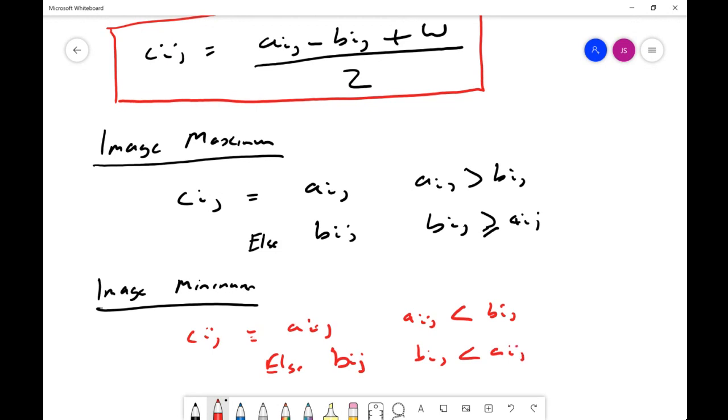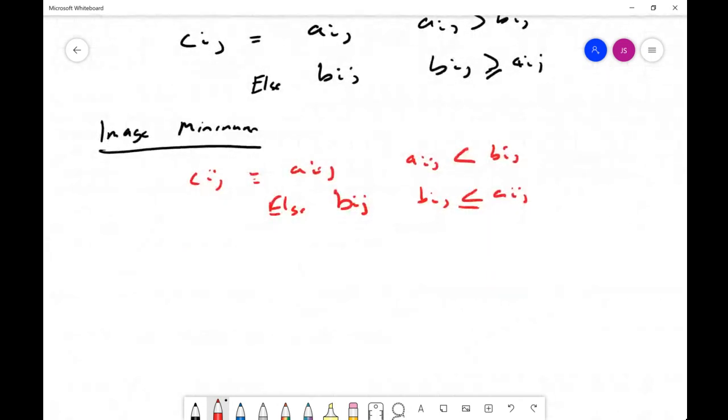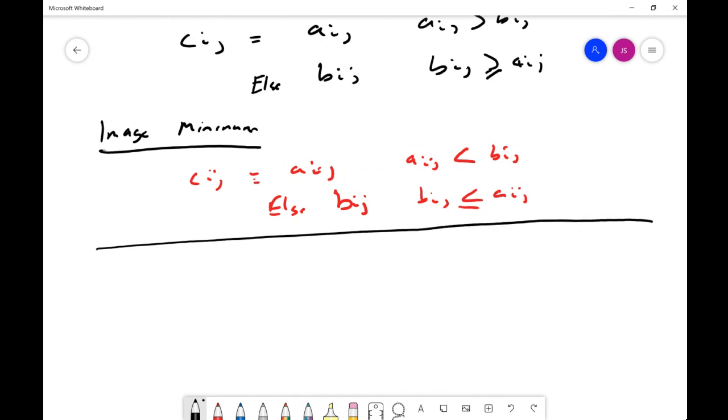In other words, you pick the two inputs. For the maximum, you pick the brighter pixel of the two. For the minimum, you take the darker pixel of the two for comparisons of corresponding pixels across the whole image. And again, if they're equal, have one go to, in this case, Bij. Right, so those are dyadic operators, and they're not particularly important, but I've included them in there. If you come across them, you know what they are.